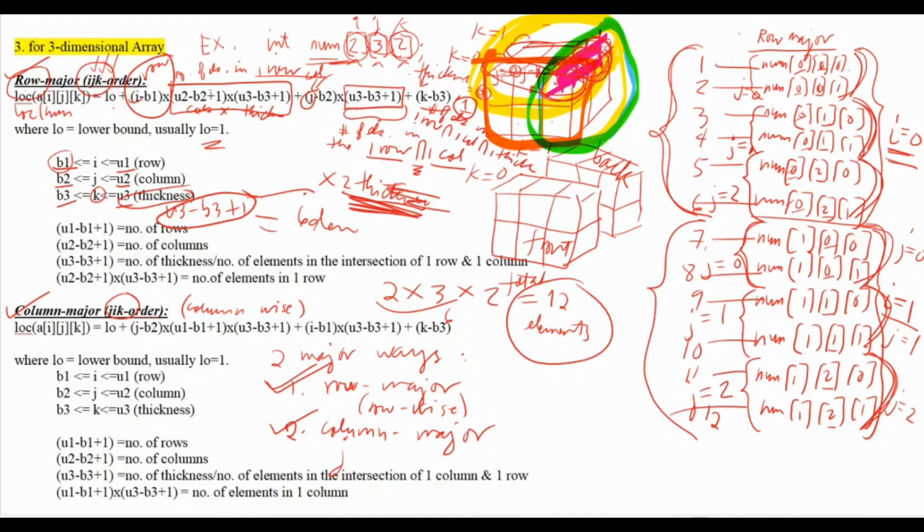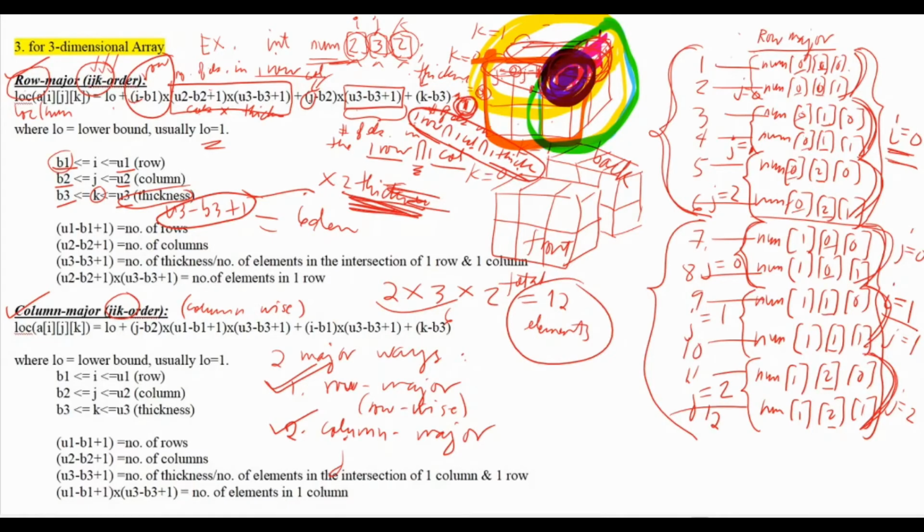So the intersection of these three, one row, one column, one thickness, is this one element here. That is why the value here is times 1.